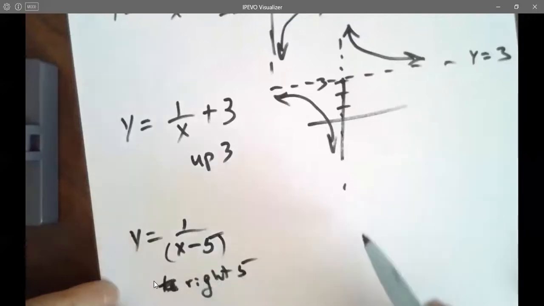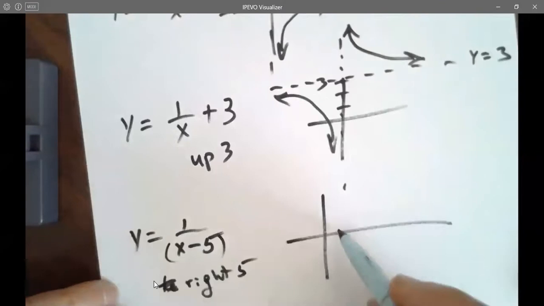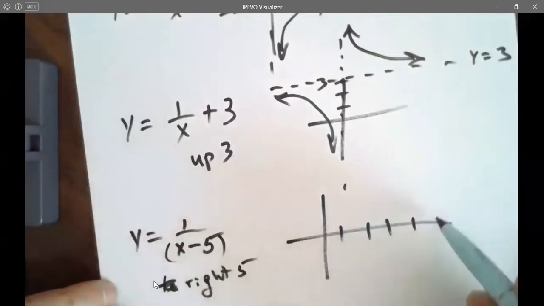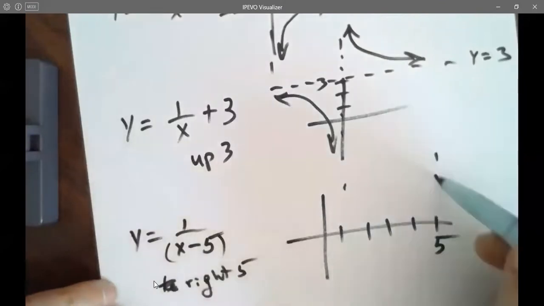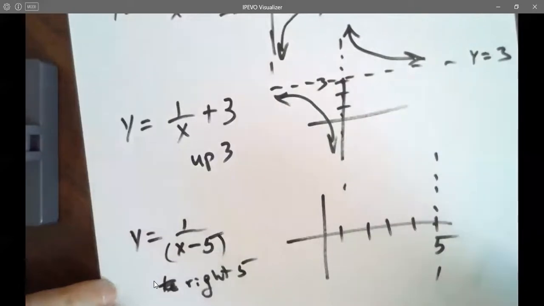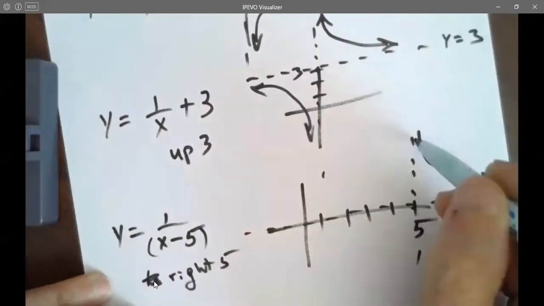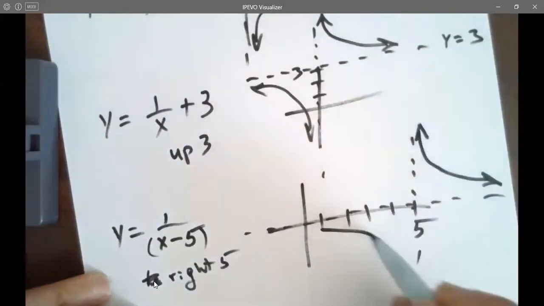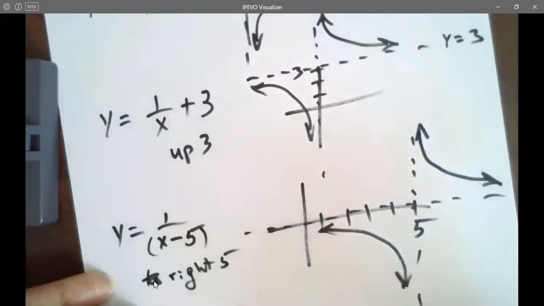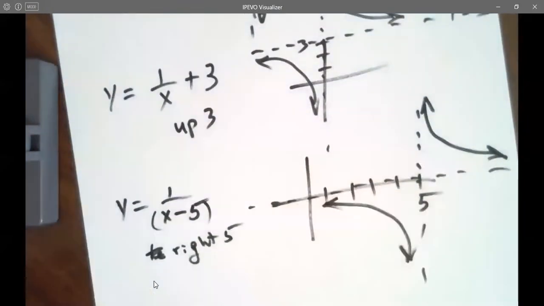So this will be 1, 2, 3, 4, 5. So here's your vertical asymptote, it moves to the right. The horizontal asymptote does not change. So the curves go wherever those asymptotes go. Okay? We good so far?